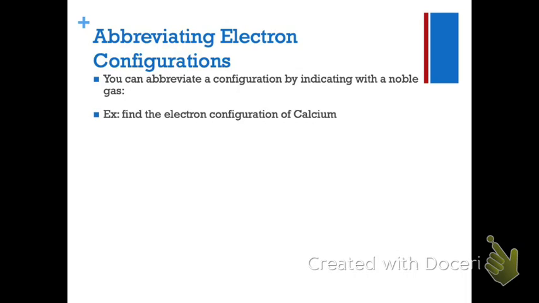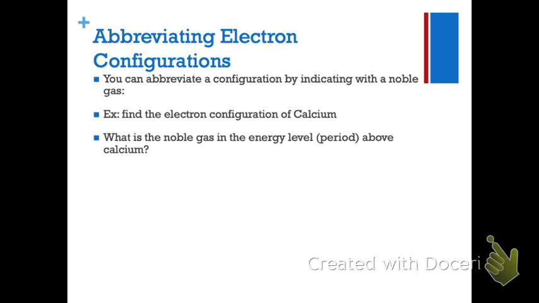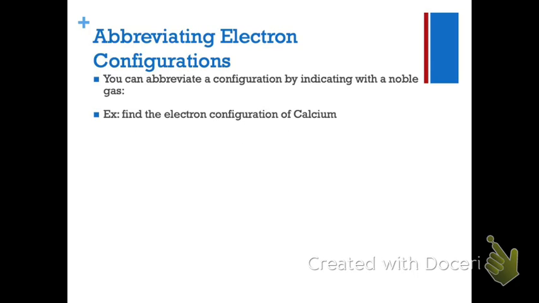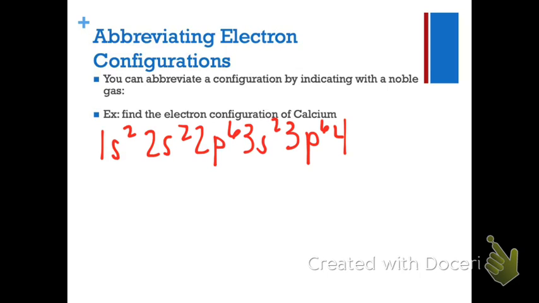So let's look at calcium. Okay, calcium is found by this electron configuration. 1s, you don't have to write this out, just look. 1s2, 2s2, 2p6, 3s2, 3p6, 4s2. Right, that's calcium's electron configuration, agreed? What's the noble gas just before calcium?